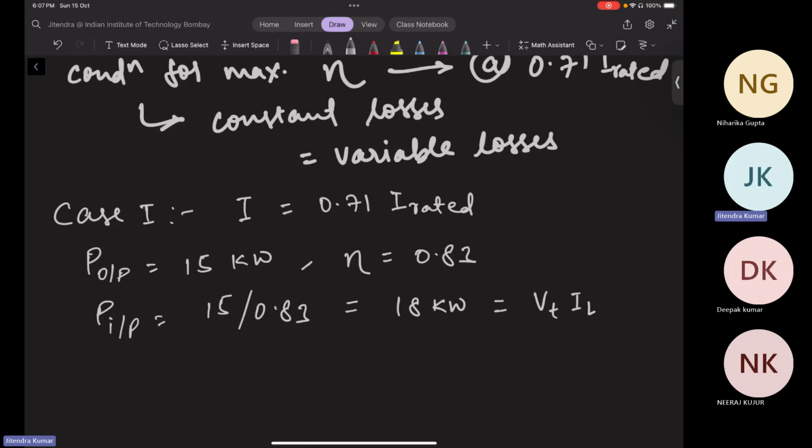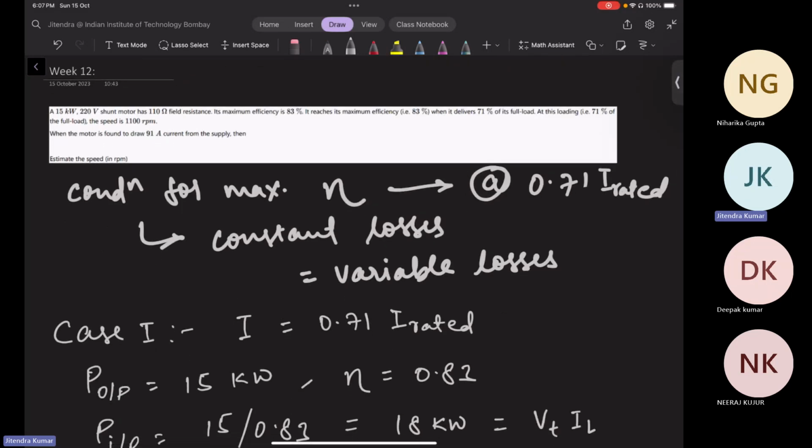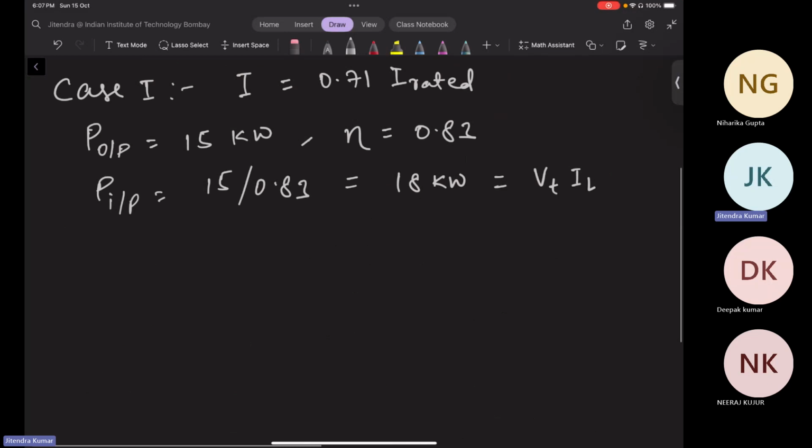Because this is a shunt motor, let me draw a circuit for that.